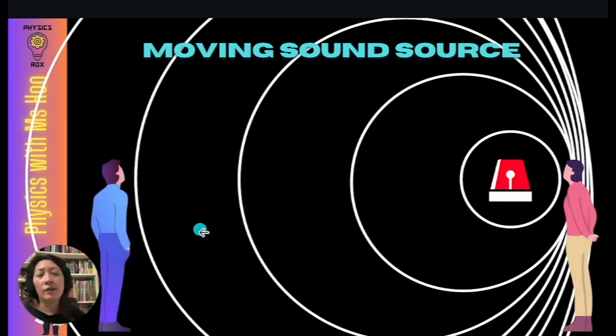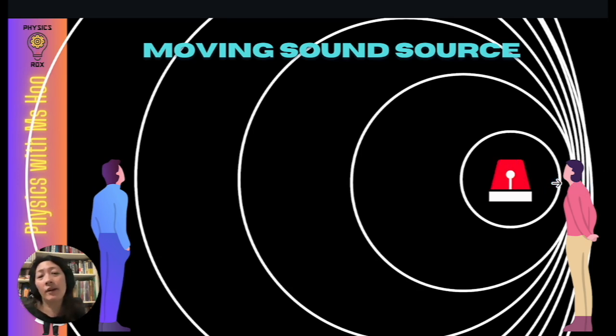So for the listener who is listening to a sound source moving away from them, the pitch is much lower because the frequency is lower. Whereas for the listener to whom the sound source is moving towards, the pitch is higher because the frequency is much greater.